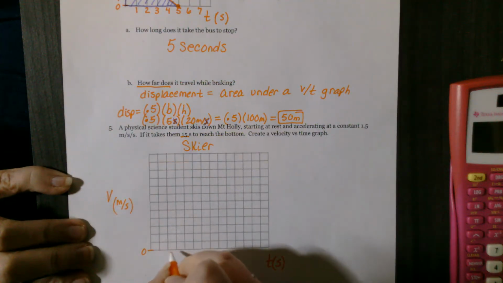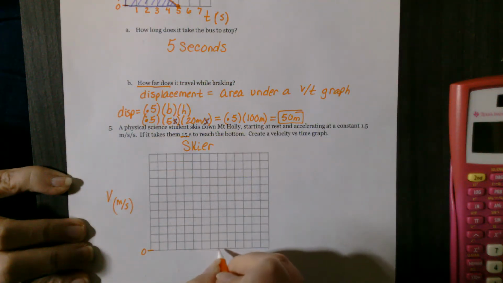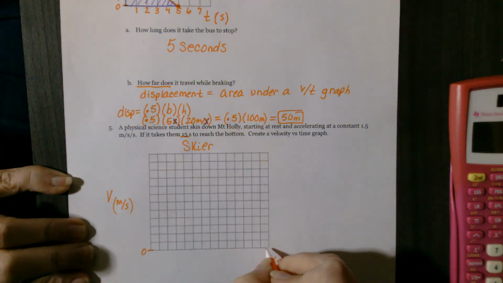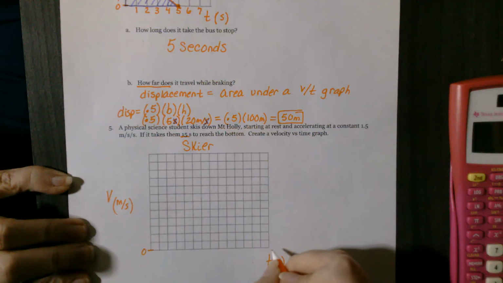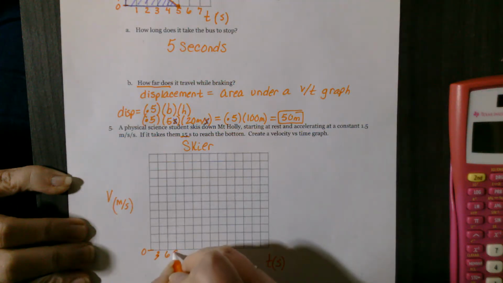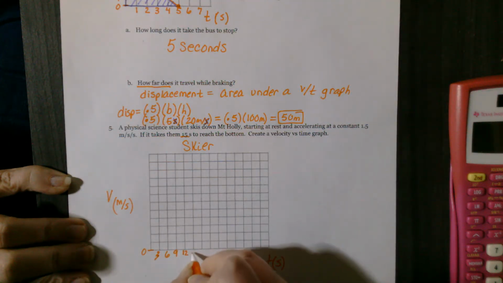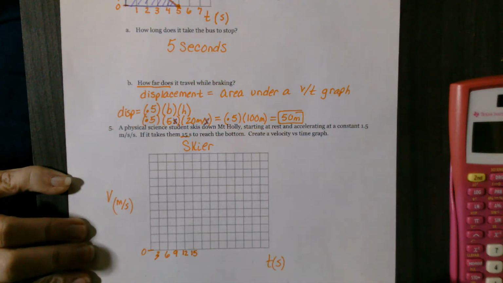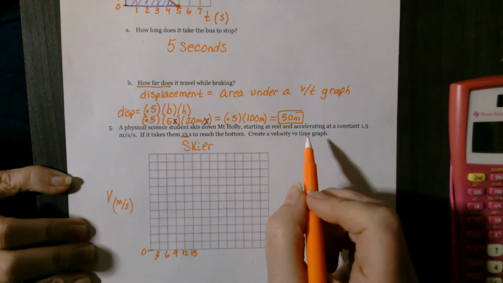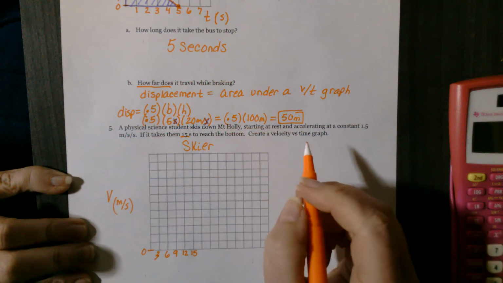So let's see, 1, 2, 3, 4, 5, 6, 7, 8, 9, 10, 11, 12, 13. Oh, rude. Not quite enough for 15. So I'm going to go 3, 6, 9, 10, 11, 12, 13, 14, 15. It's not going to take up much room, but it's what we have to work with. And then we go 1.5 meters per second every second.